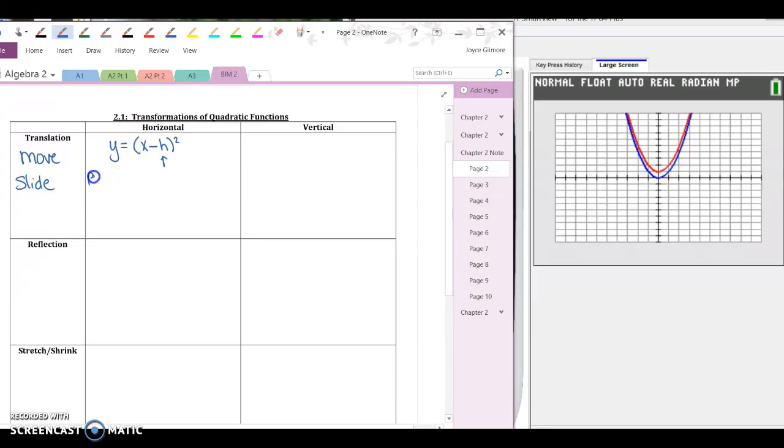And this is backwards. So plus h moves left, and minus h moves right.